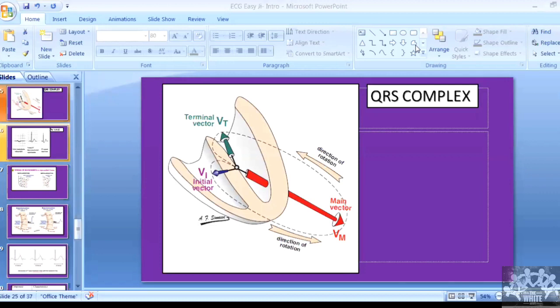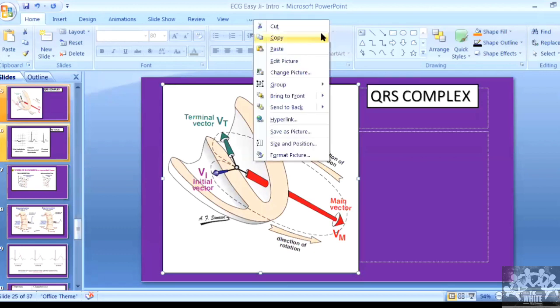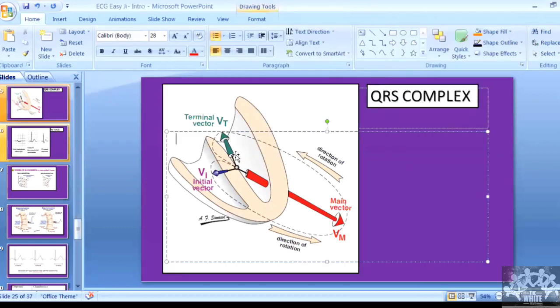Yeah, I'll repeat the QRS. Oh, okay, it's not very clear. Am I not very clear?